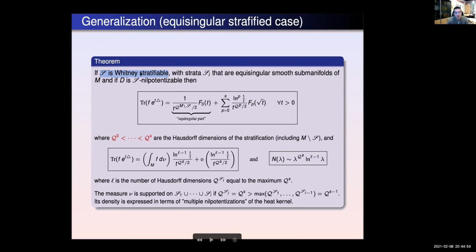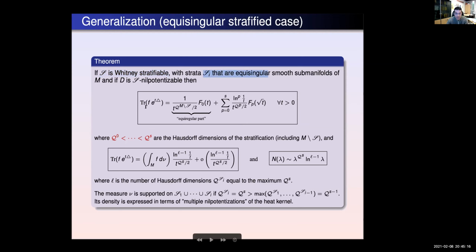Whitney stratifiable means, in two words, that you have a set which is the union of several manifolds. It is a piecewise manifold in some sense, and it is the meaning of stratifiable. And you assume that all strata are equisingular.